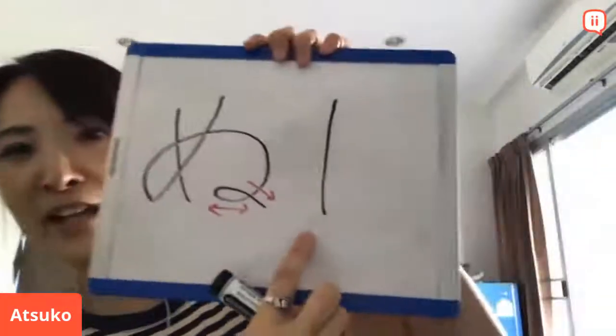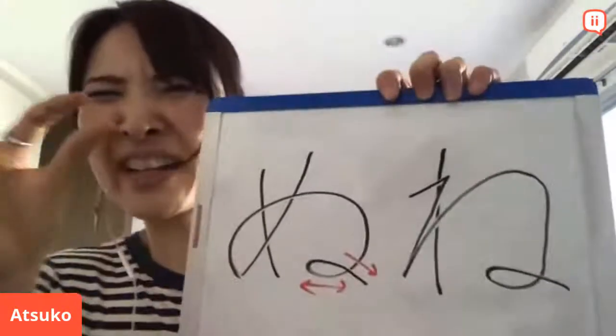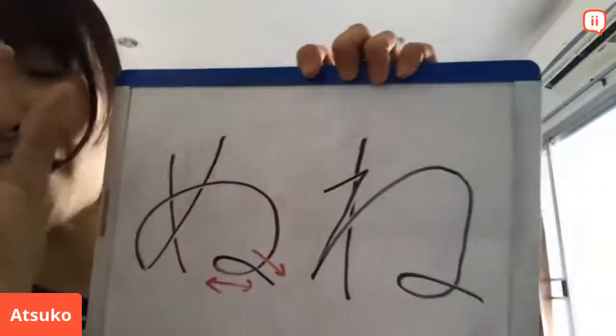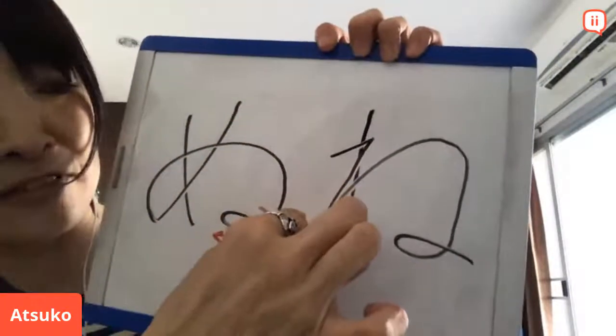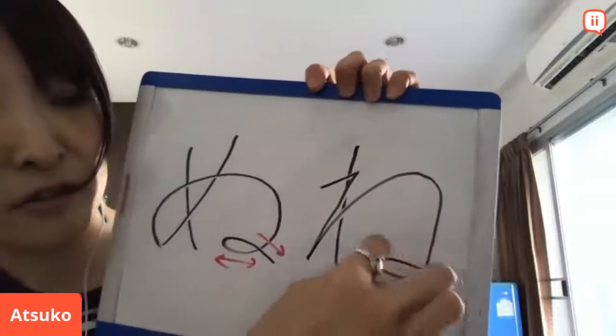This is the first stroke. The second stroke is a little bit go up, cross, down. Only a little cross. Go down, up, curve, root again.